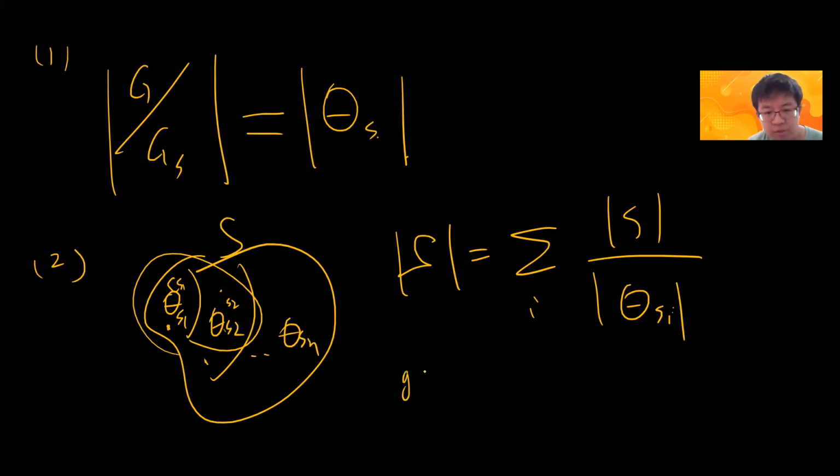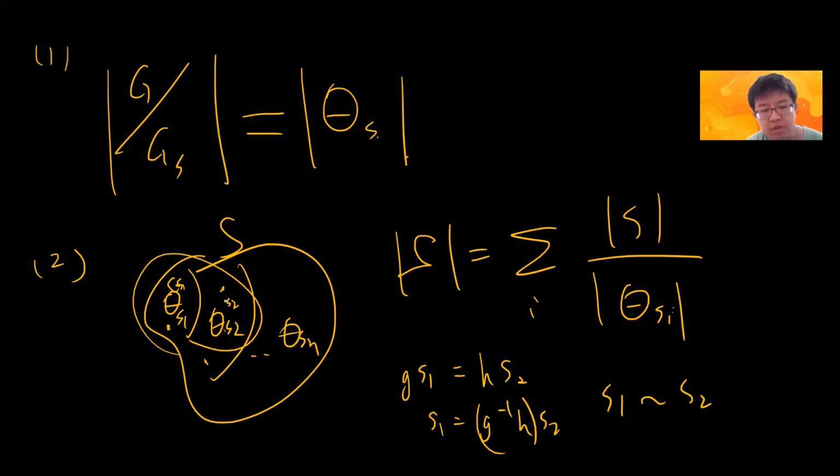This is easy, because if g·s1 matches with h·s2, then s1 will be g inverse h s2, and s1, s2 will be in the same orbit, right? So if they are indeed different orbits, then none of the elements will intersect with each other.